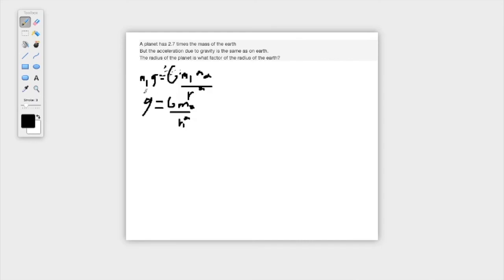So these two planets have the same g, so you could basically set up a proportion. So let's say g of Earth equals that, and then g of the planet equals G m2 over r2 squared.